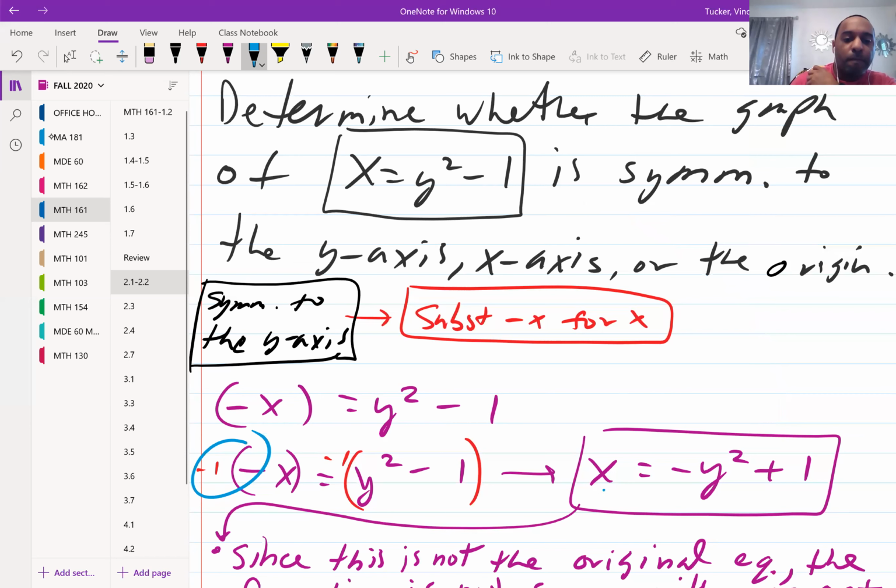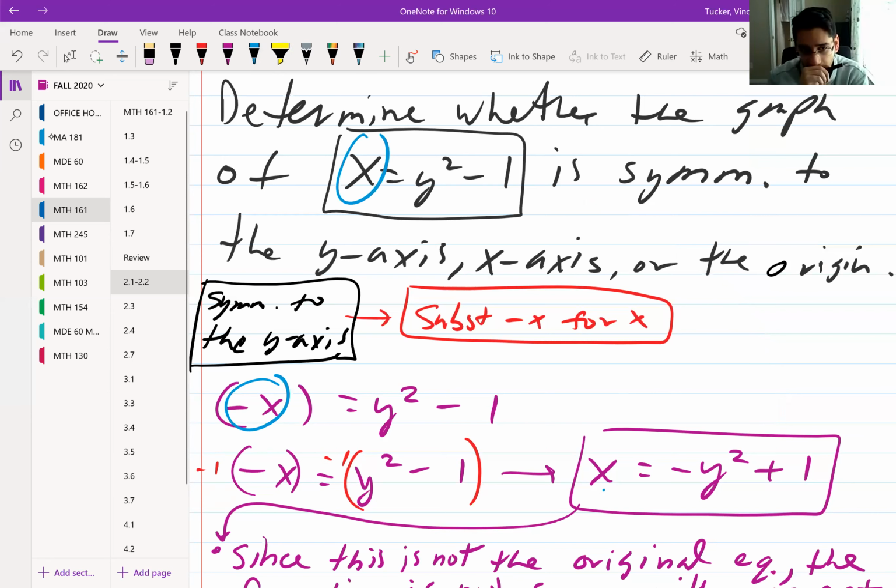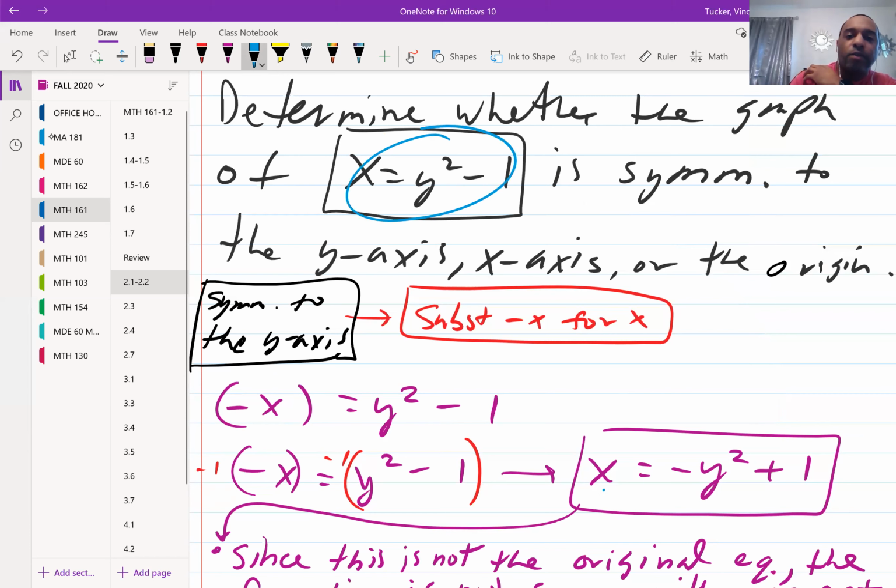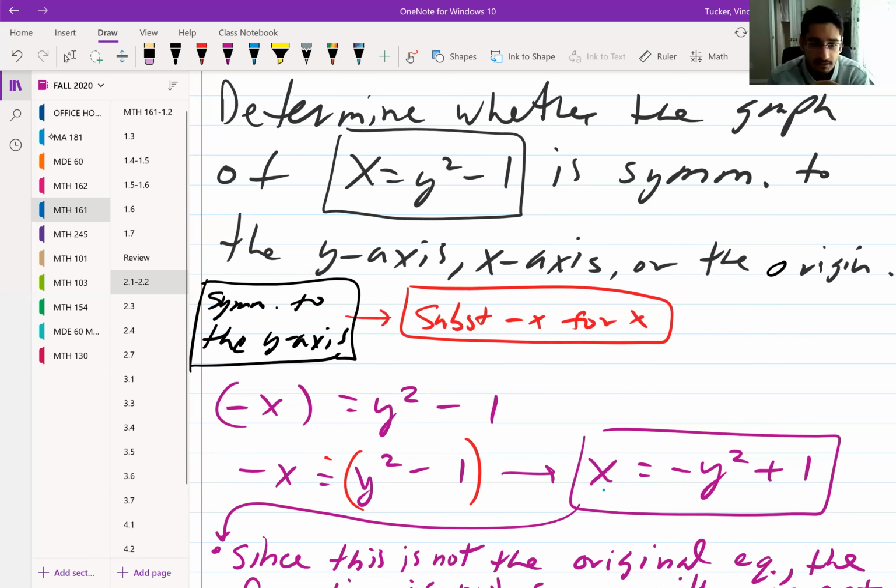So the -1 is the negative x over here, right? Yeah, right here, that -1 is that substitute negative x. So I substituted negative x right here for this x. Now I want to make a clear comparison to this equation, but right now I have a negative x equals y squared minus 1.